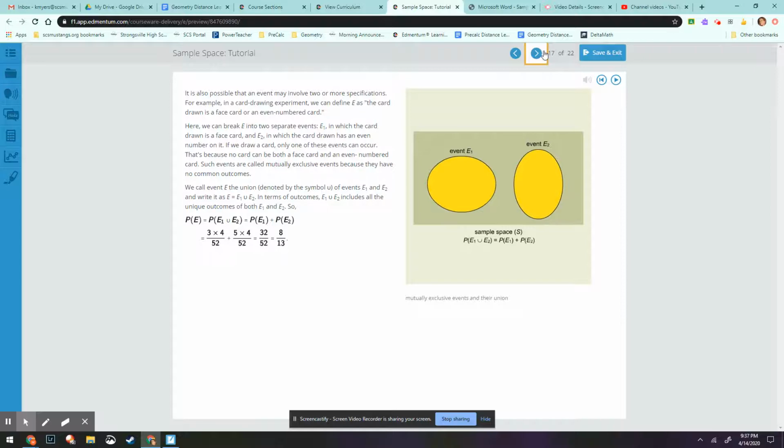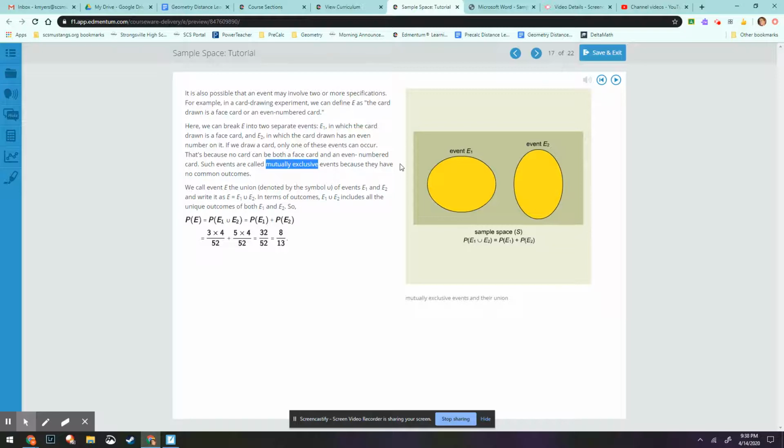And then this next section, again, all of this stuff looks super complex, but what is happening is we have 2 separate events. These are what we call mutually exclusive events. Sorry, I was getting ahead of myself. They have no common outcomes, like they cannot both happen.